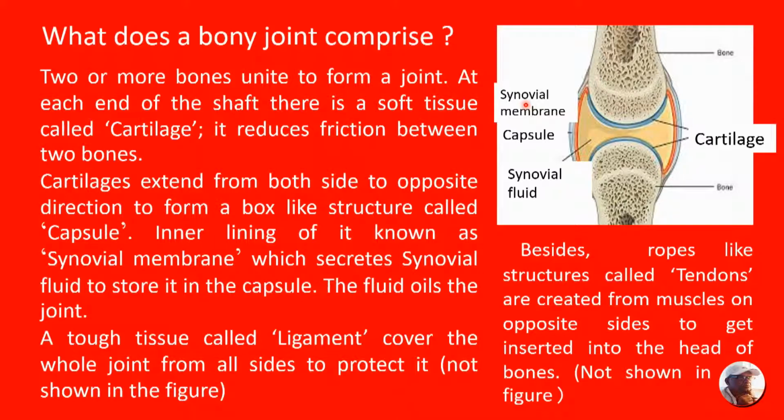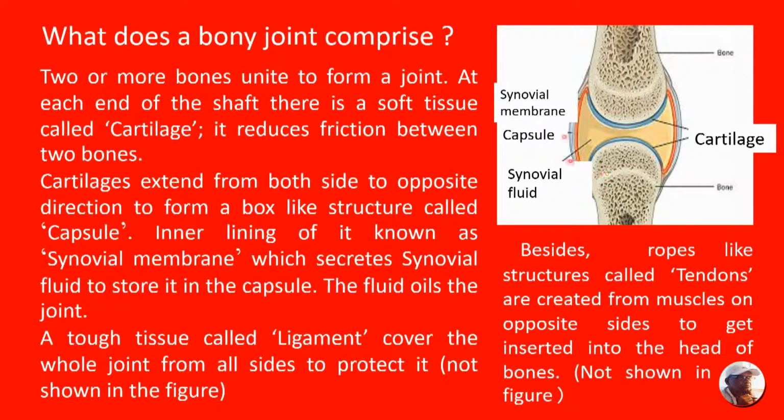This membrane secretes a fluid called synovial fluid, shown here, a light brownish yellow color. It actually oils the joint so that the bones do not erode.